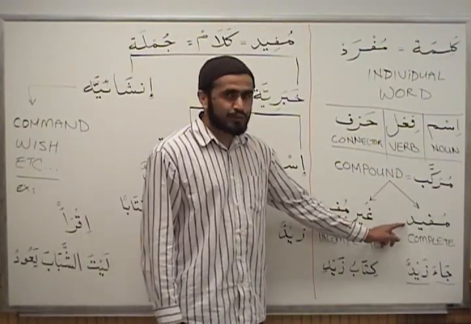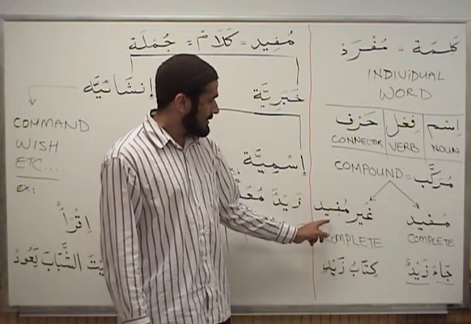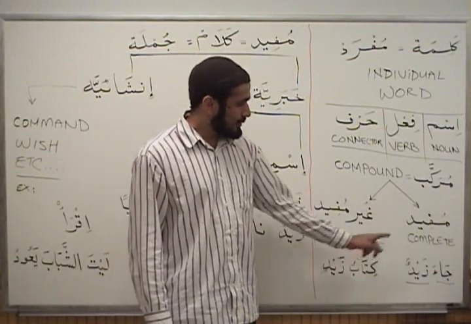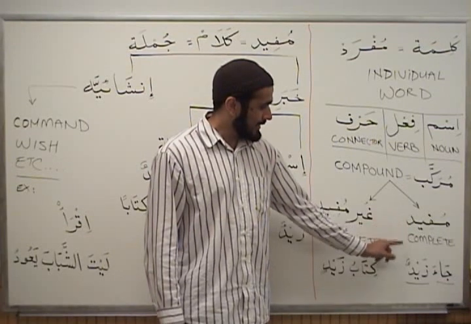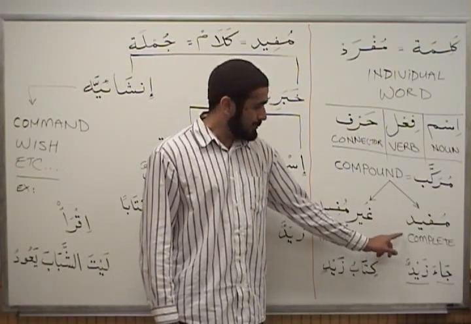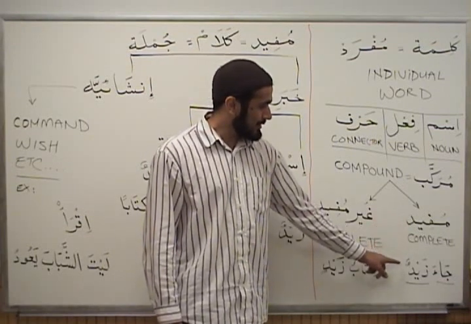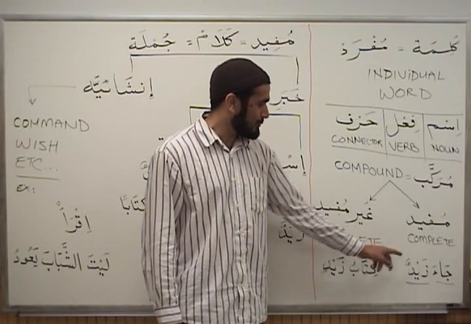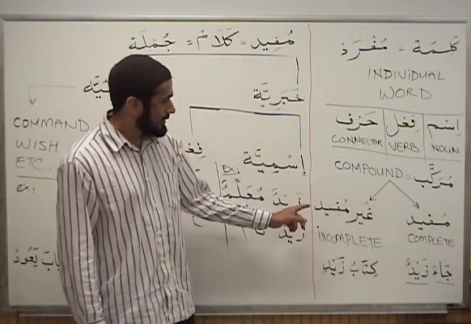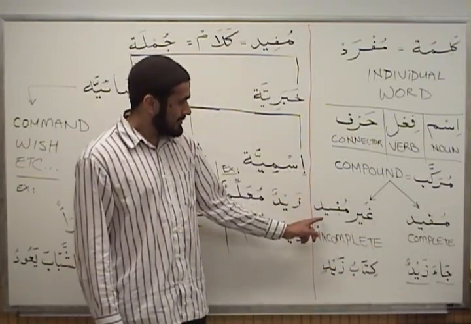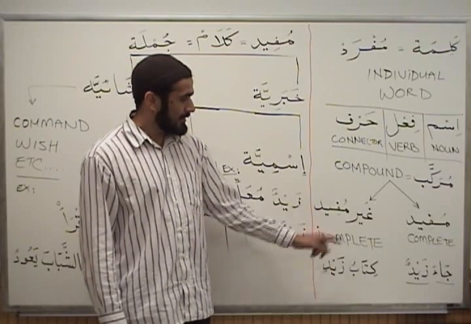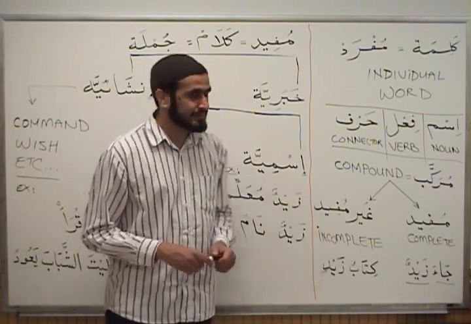Literally, mufid means useful, ghayr mufid means not useful. So you can see the connection: the complete compound conveys a complete useful meaning, and the incomplete compound does not convey that complete meaning.